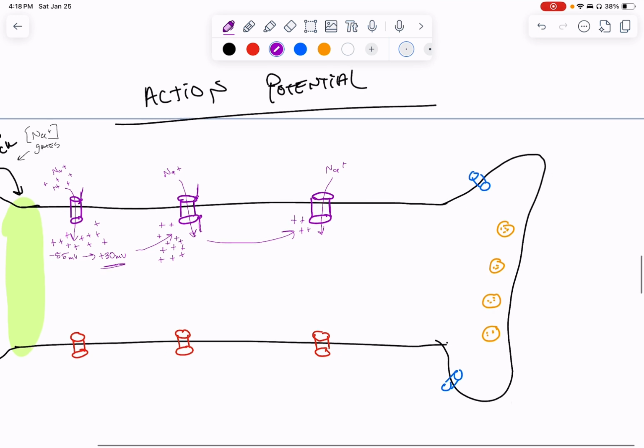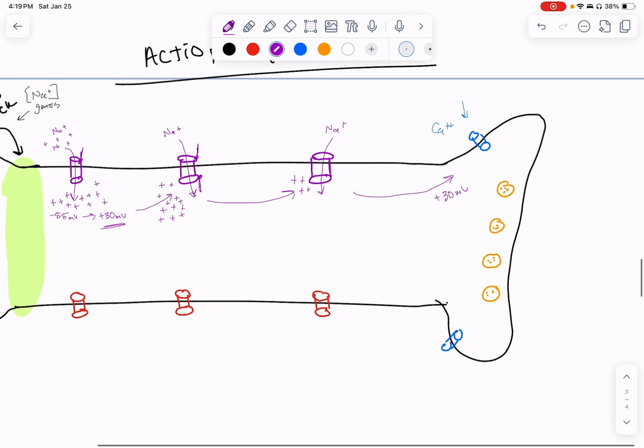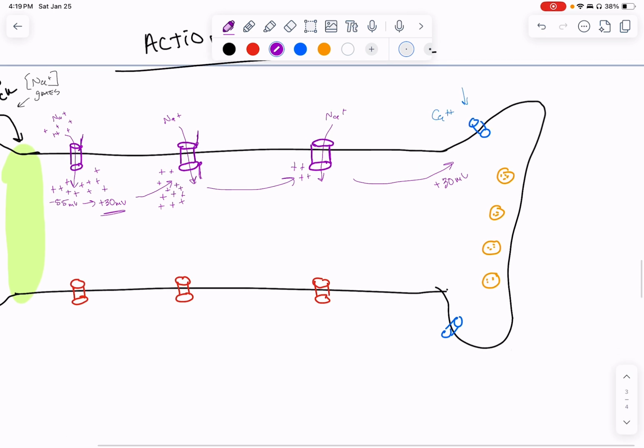But the last thing that's important too is you see over here I have this blue channel. This is our calcium channel, and as this threshold moves closer all the way down here to positive 30 millivolts, it's actually going to open up this calcium channel and allow calcium to rush in.